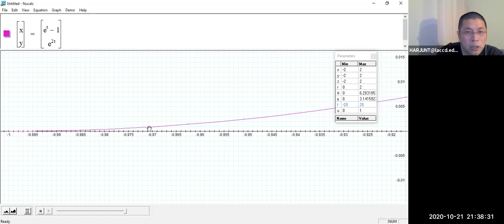Let's see if I can trace this. I can trace this. So suppose I move this tracing. It stops here. It stops there. It's not going to here. It stops here. Right? I cannot move this further to the left, can I?